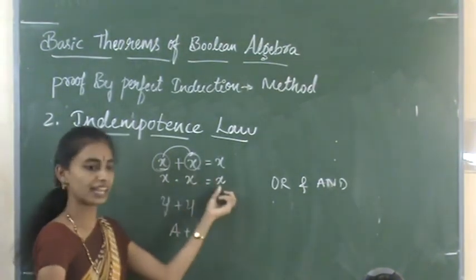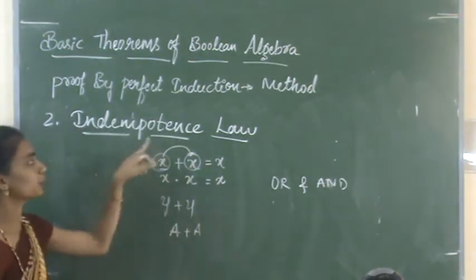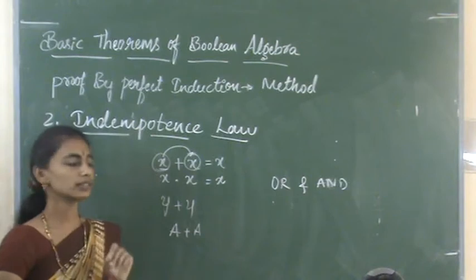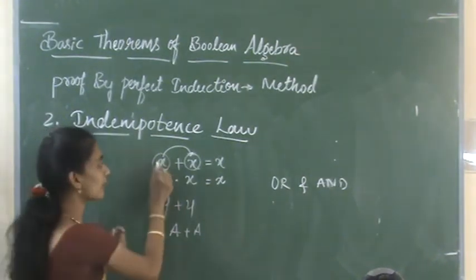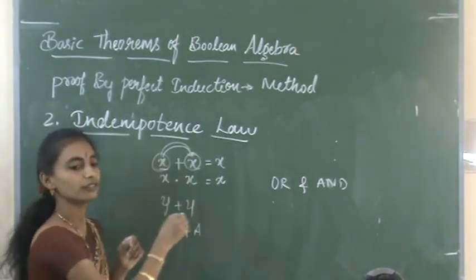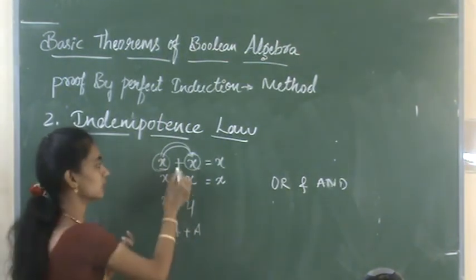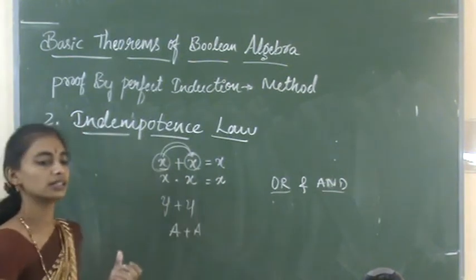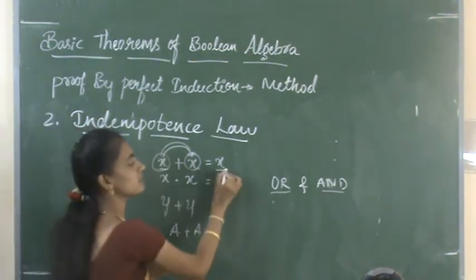Same variable. So that is the idempotence law. It states that when a variable is combined with itself with the help of the or or and operator, it gives the result as the same variable.